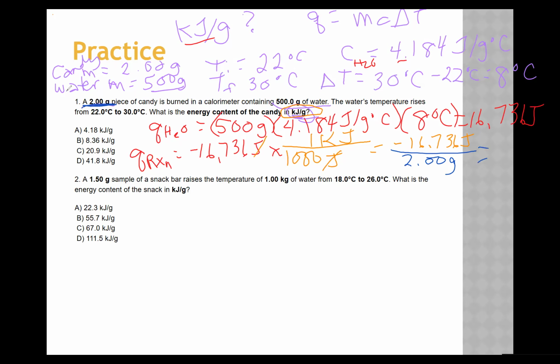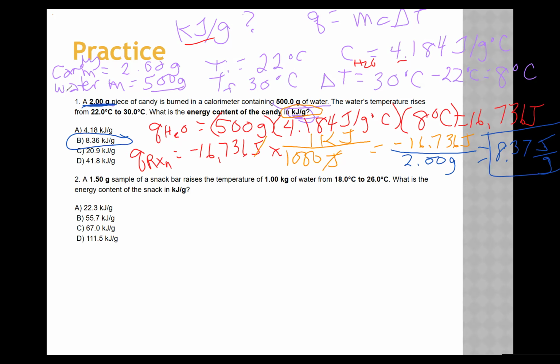So if I take 16.736 and I divide it by 2, I get that each gram of candy has 8.37 kilojoules per gram. I know it's a lot of math, but you can do it.